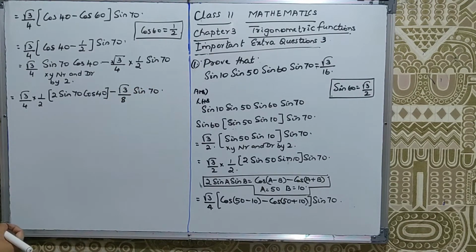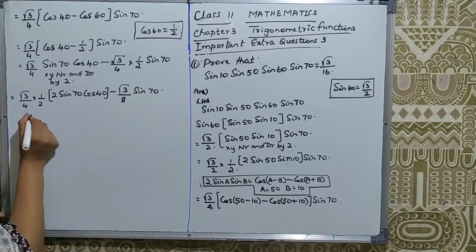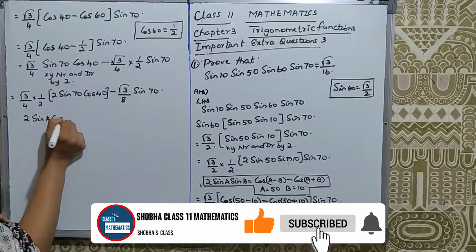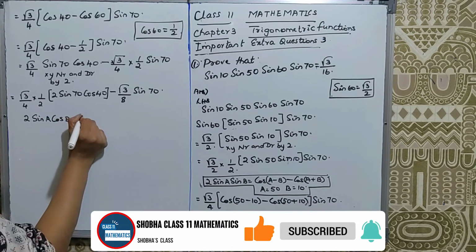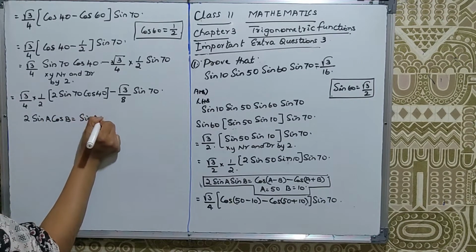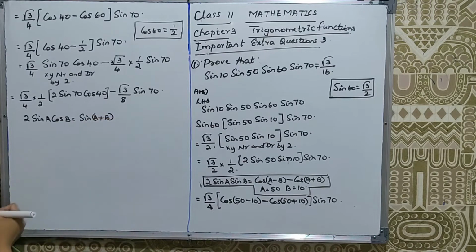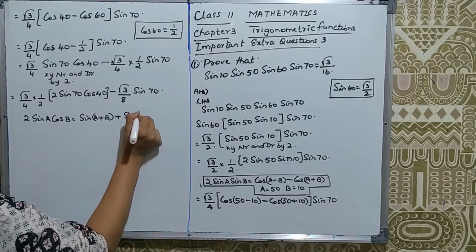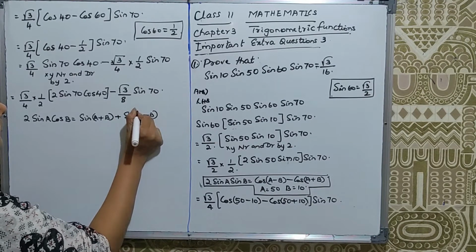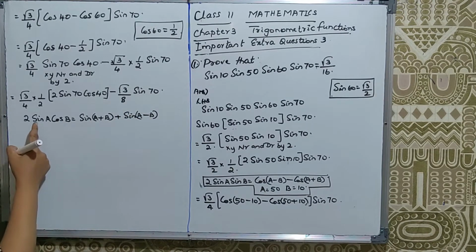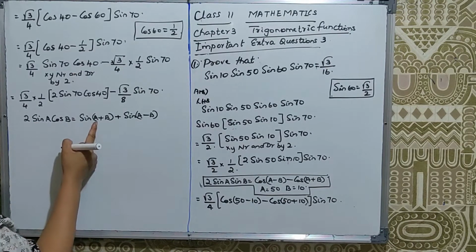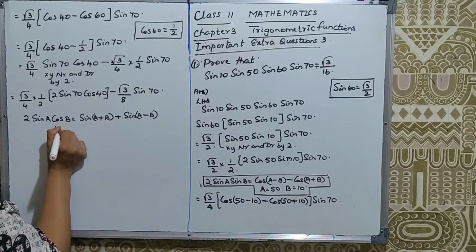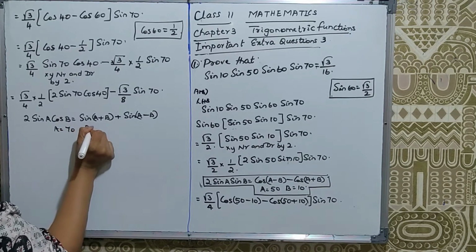Now again it is of the form 2 sin A cos B. So 2 sin A cos B is equal to sin A plus B plus sin A minus B. Sin is first, cos is second. So you can remember sin A plus B plus sin A minus B. Here A will be 70 and B will be 40.